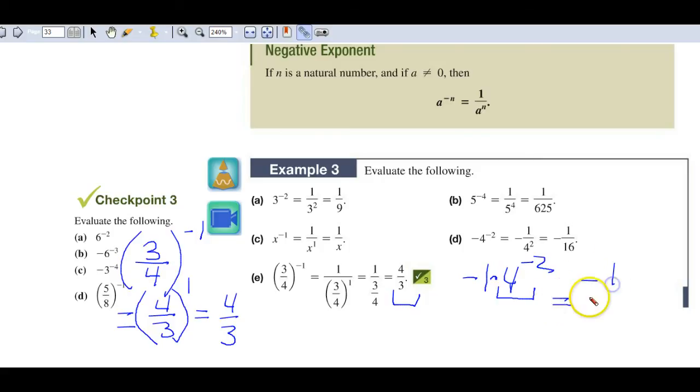That's, in a sense, a -1 over 4 to the 2nd, which is -1/16. So this one's a little tricky, because this negative exponent only applies to the base and not the negative sign. Okay.